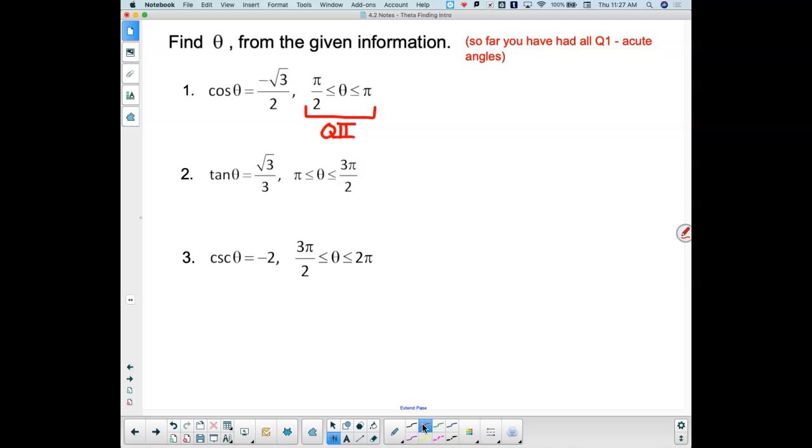Okay, so where in quadrant 2 is cosine negative square root 3 over 2? Five pi over 6. Yep.